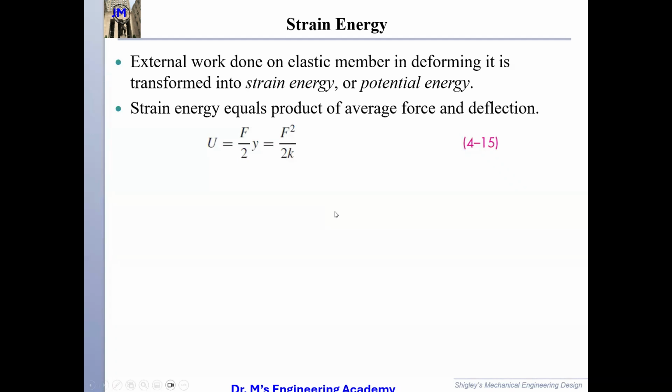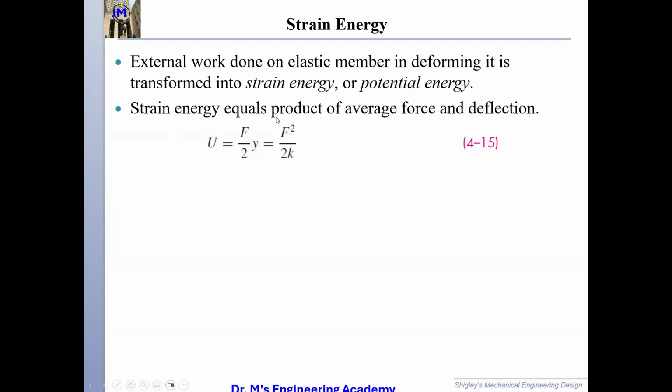And then we talk about strain energy, guys. Have you guys learned strain energy? No? Okay. Strain energy is the external work done on the elastic member. In deforming, it is transformed into strain energy, or potential energy.